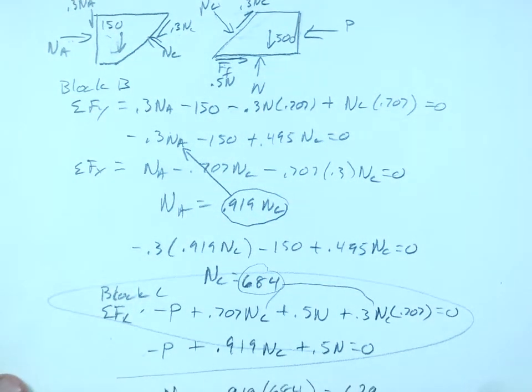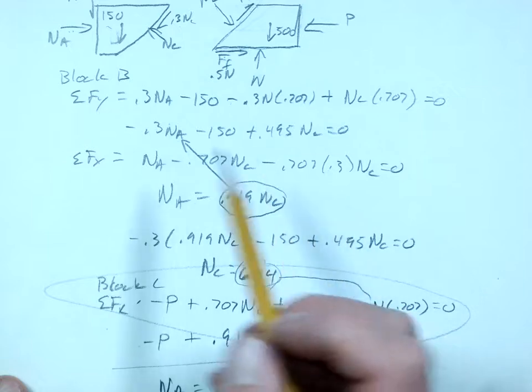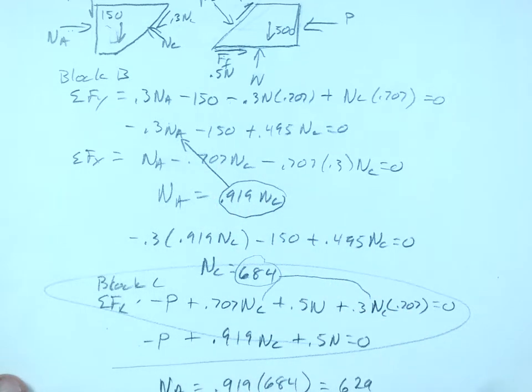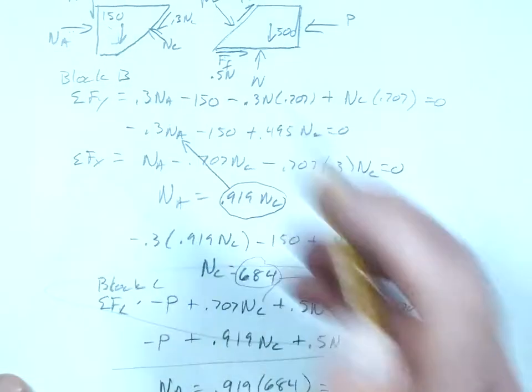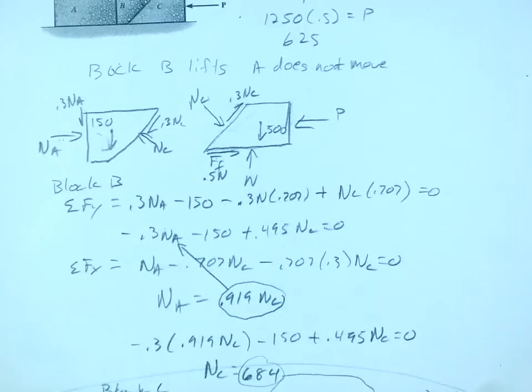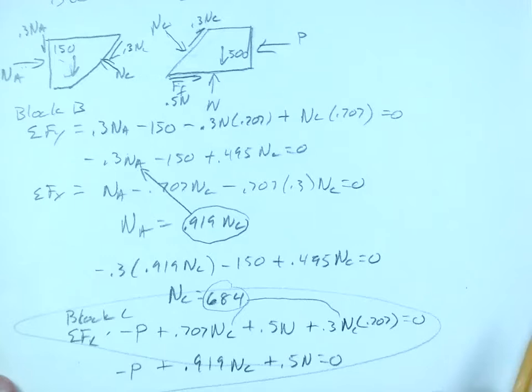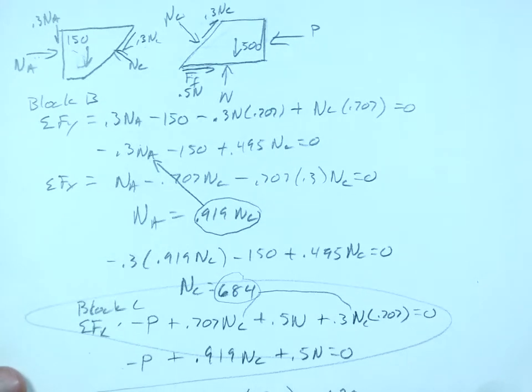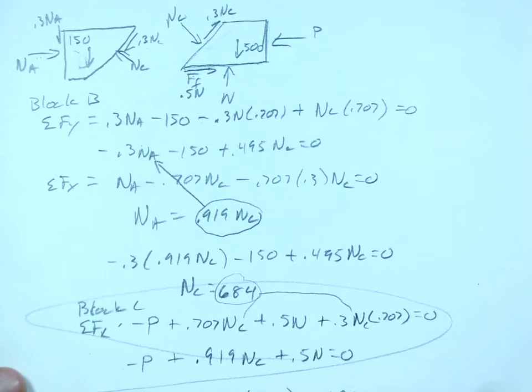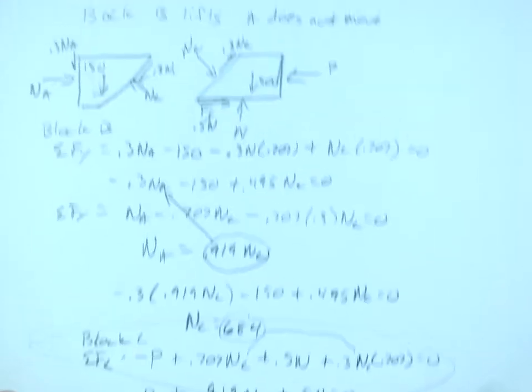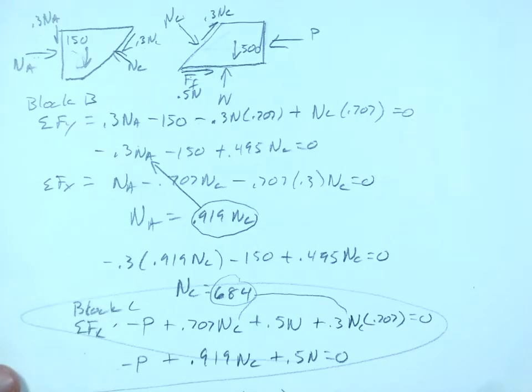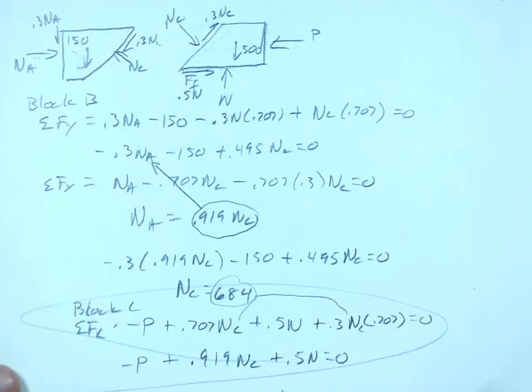Now the question is, on block A here, we got NA pushing this way. Is the force of friction there great enough to resist that and keep it from sliding? So the force of friction at block A is going to be equal to 0.5 times the weight of block A, which is 600, which is 300.